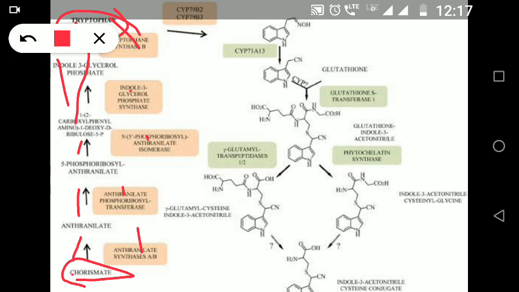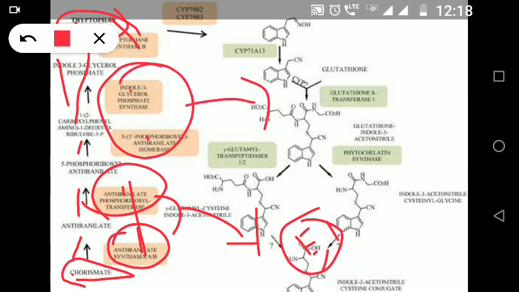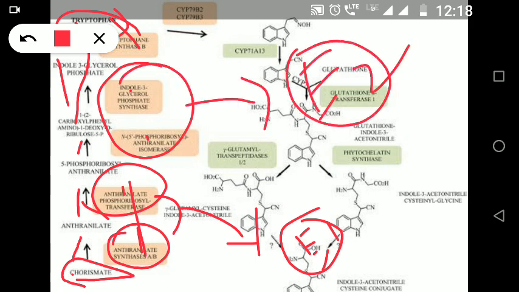These five enzyme activities are there, but these two activities are part of a single enzyme. Say, for example, enzyme 1 is responsible for these two enzyme activities, enzyme 2 is responsible for these two enzyme activities, and this is enzyme 3. So we require enzyme 1, enzyme 2 and enzyme 3, three enzymes.